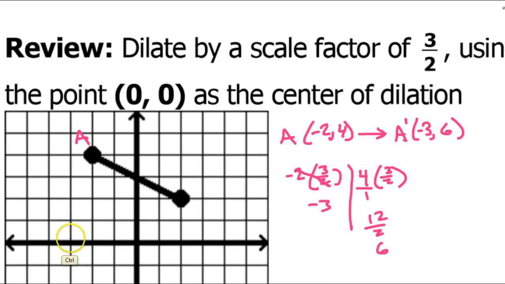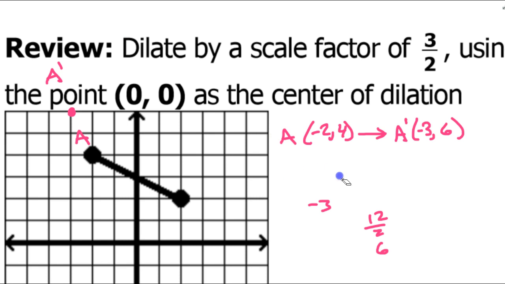So negative 3 comma 6 will be right here. So this will be A prime. Let's do the same thing for what I'm going to call point B. If this is point B, then the coordinates of point B are 2 comma 2.